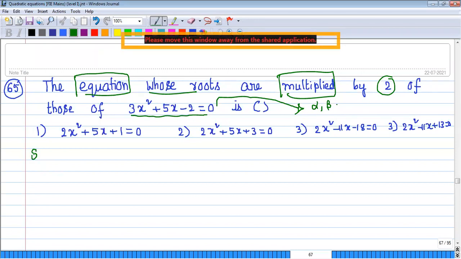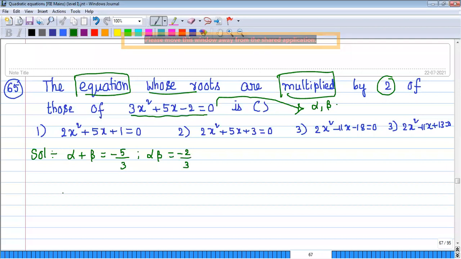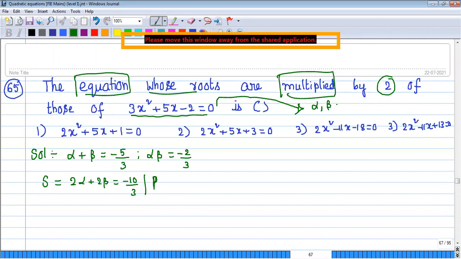First, alpha plus beta is equal to minus coefficient of x by coefficient of x square, that is negative 5 upon 3. Alpha beta is equal to minus 2 upon 3. Now the sum of the roots of the resulting equation, 2 alpha plus 2 beta, is 2 times minus 5 by 3, which is minus 10 by 3. The product 4 alpha beta will be minus 8 upon 3.